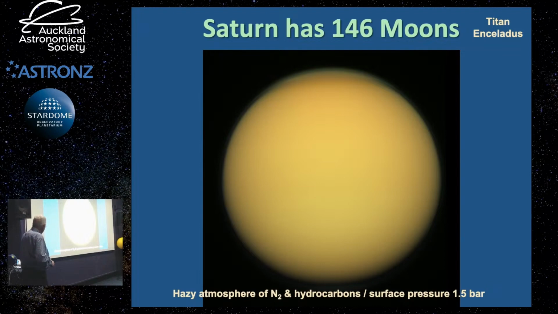It's got a hazy atmosphere. You'll see all this big opaque haziness. That's because of hydrocarbons. It's mainly nitrogen, but it's got a lot of hydrocarbons in its atmosphere, and that causes this hazy appearance. The surface pressure is 1.5 bar, in other words, 1.5 times the atmospheric pressure on Earth at sea level.